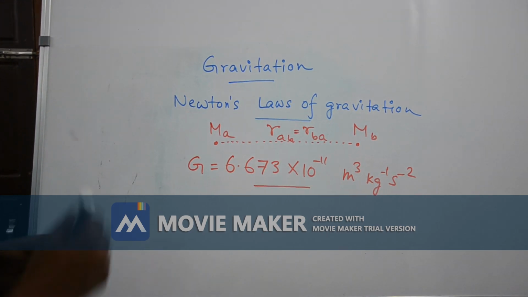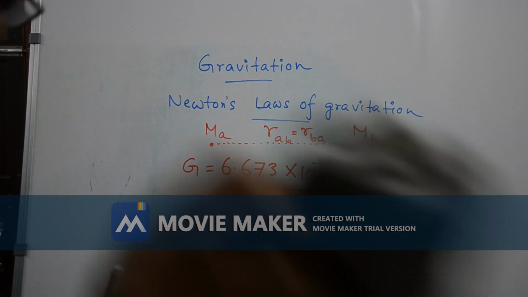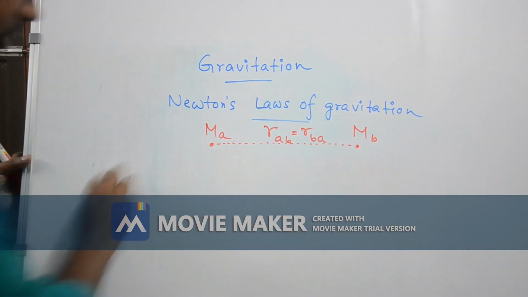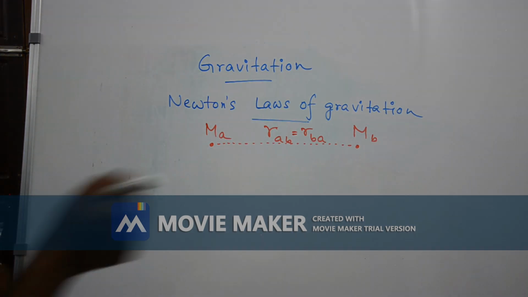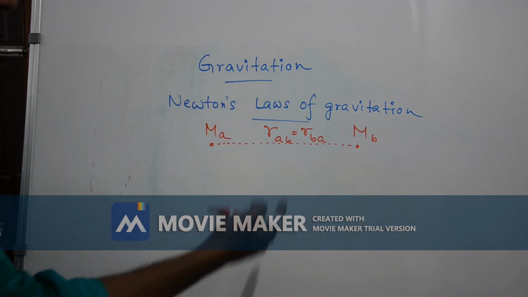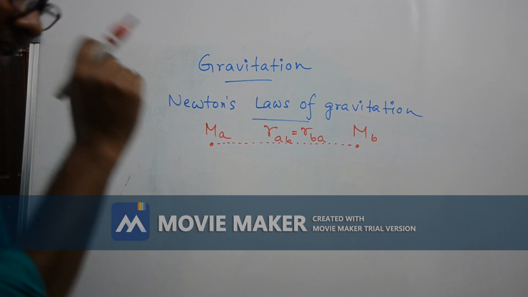Now comes the vectorial notation. How exactly do we express this particular force? Because as we have already seen, for this force of attraction there are two such forces. One force is acting on the particle of mass ma, the second one is acting on the mass mb. So now comes the direction of that.